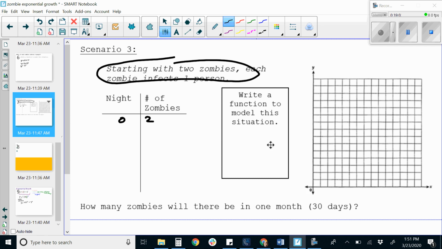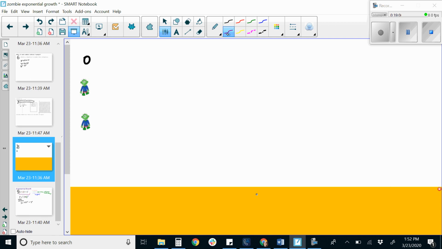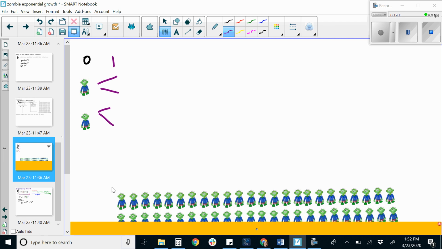I'm not doing the graphing part. So each of them is going to infect 2. So on night 1, we now have 6 total.